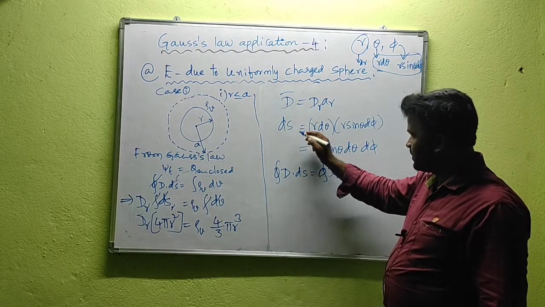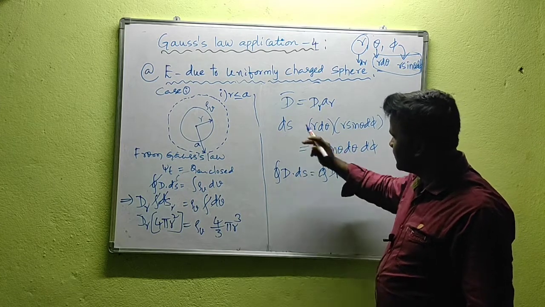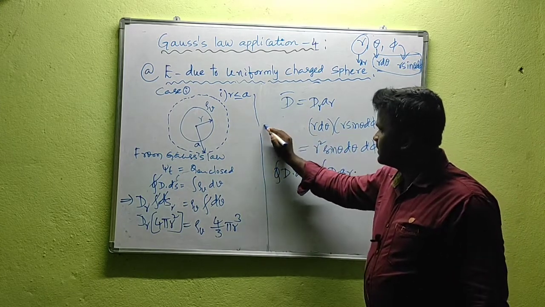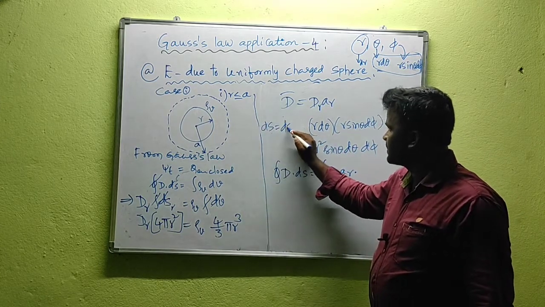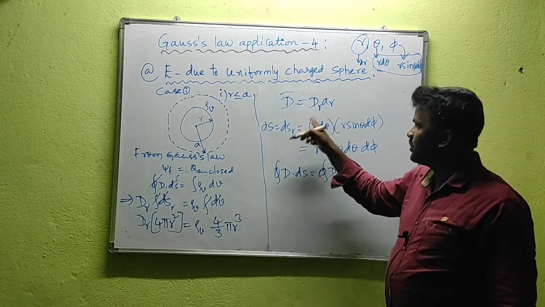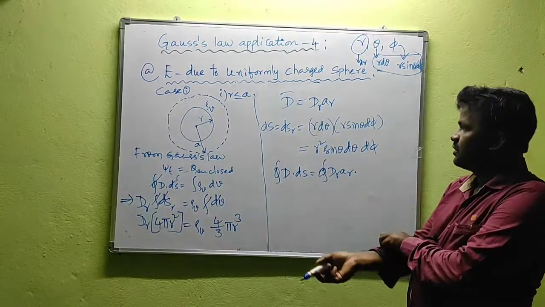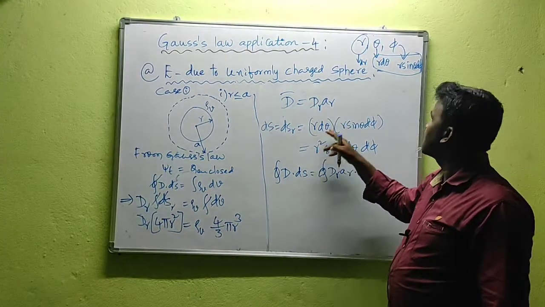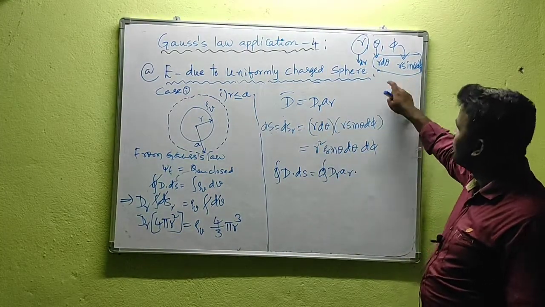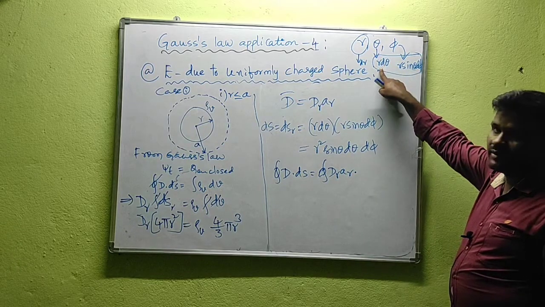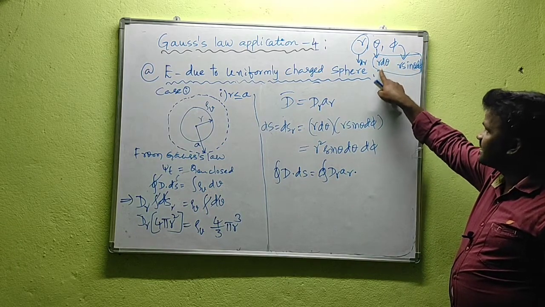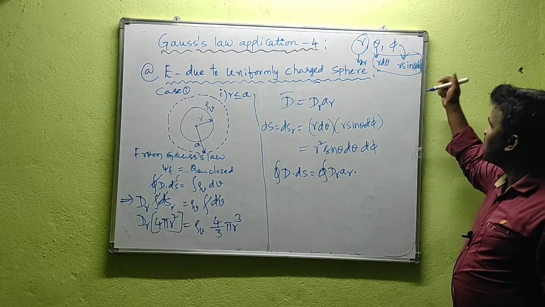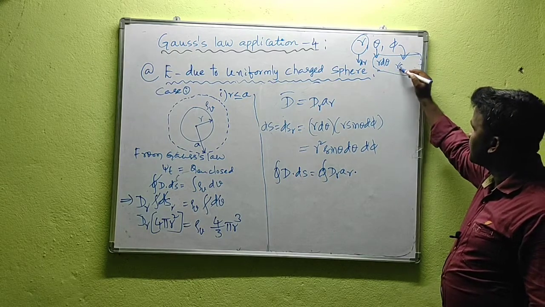We take dS as the differential surface area normal to r, because the field component is along the r direction. So except for r, we need to multiply the remaining two. Along theta the differential element is r d theta, and along the phi direction it is r sin theta d phi.